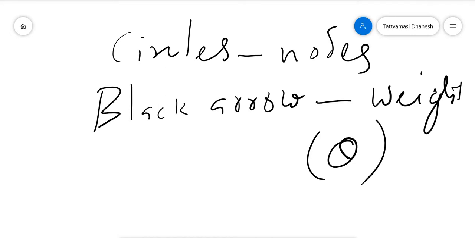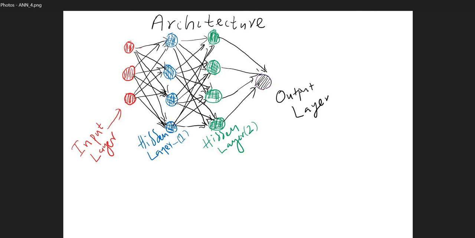If you want more clarity, weight is the impact of one node on the next node in the next layer. Each arrow represents a specific weight.